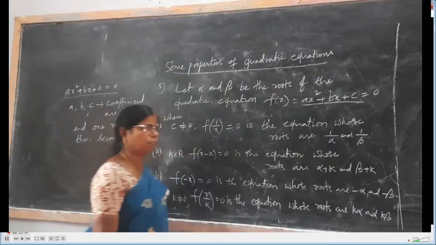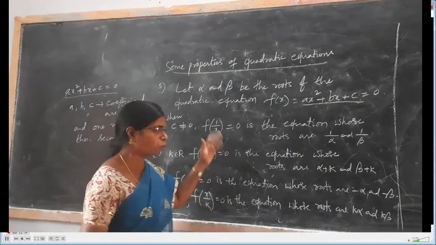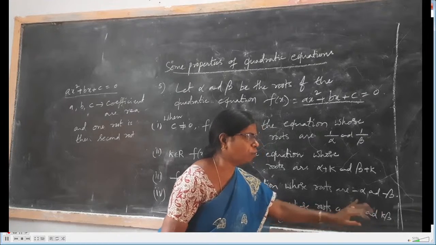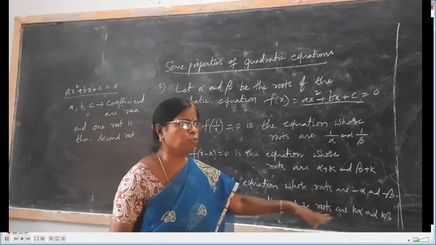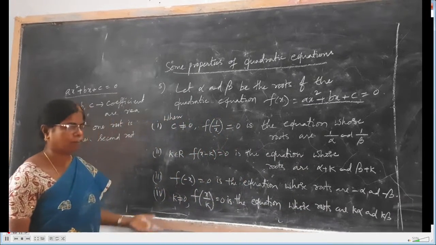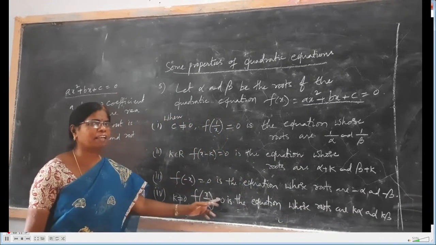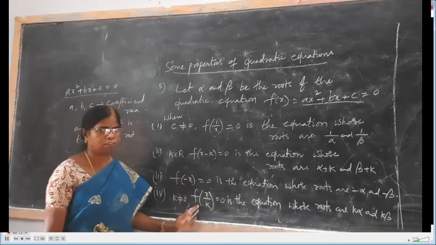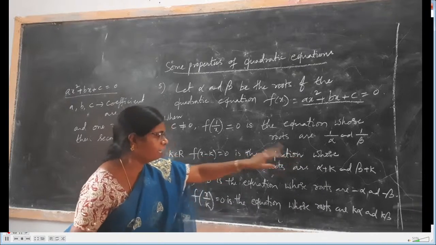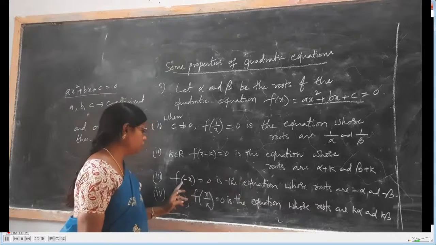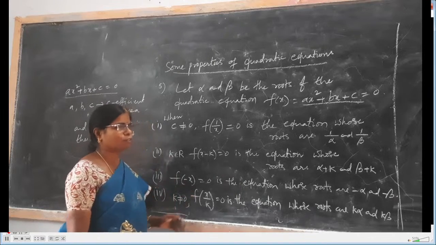The roots alpha and beta are multiplied by k, giving k alpha and k beta, so the equation is f of x by k equal to 0. Where the roots are multiplied, x is divided; where k is added to the roots, k is subtracted from x; and for roots minus alpha and minus beta, it is f of minus x equal to 0. So these are the changes.